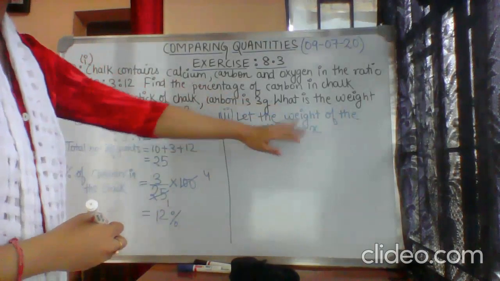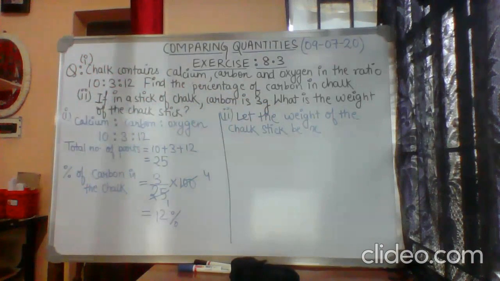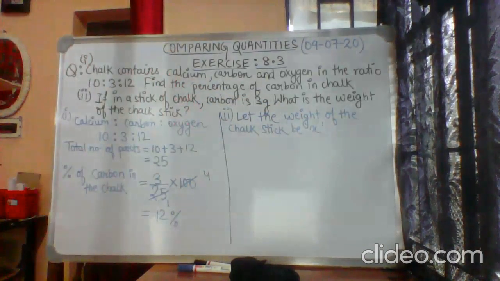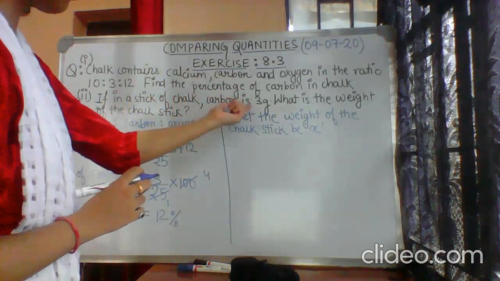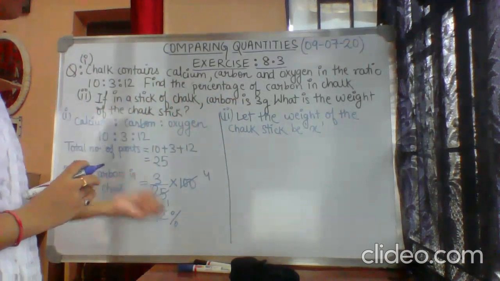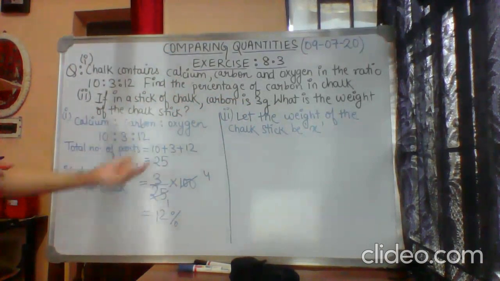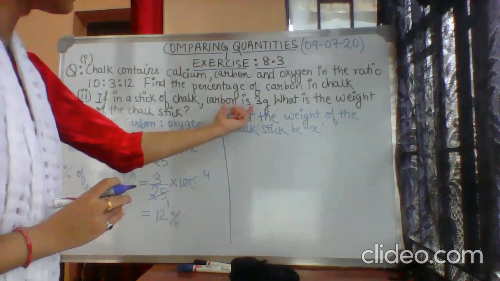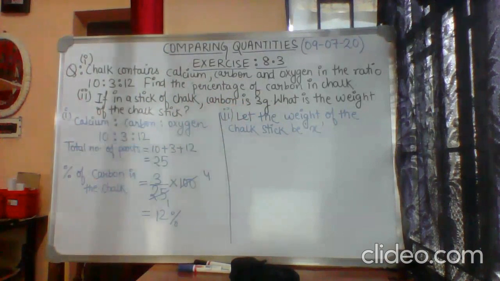As we don't know that, we are considering it to be x. Now we know how much amount of carbon is there, and we also know the percentage of carbon. So we will use the percentage of carbon in the chalk and the amount of carbon to find out the total weight of the chalk.